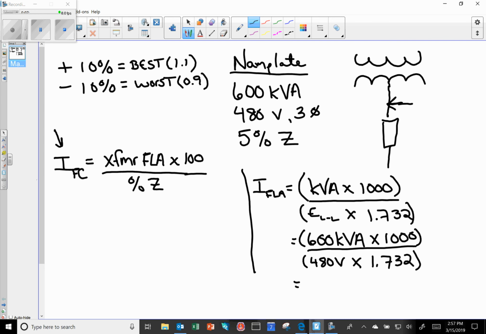If we calculate that out, making sure that we have everything in parentheses, 600 times 1000 divided by 480 times 1.732, that gives us a full load amps of 721.7.